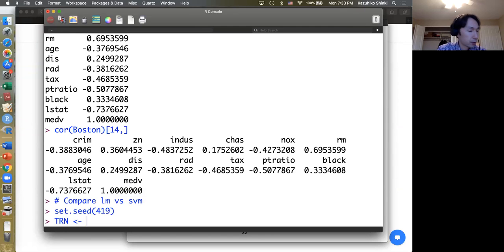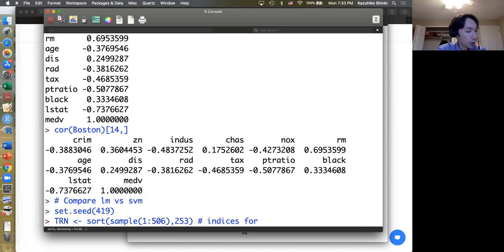Here we use just the classic training-test, or validation, approach. We sample from 1 to 506. We have 506 observations in this data set, so we take just half of them.